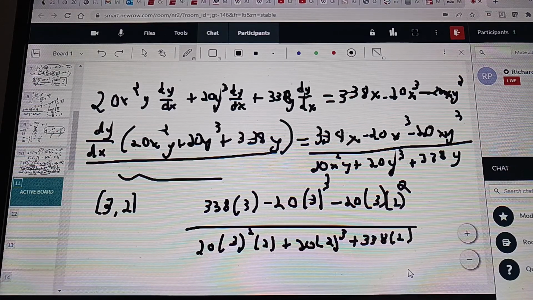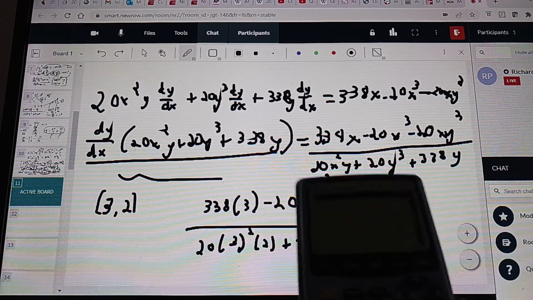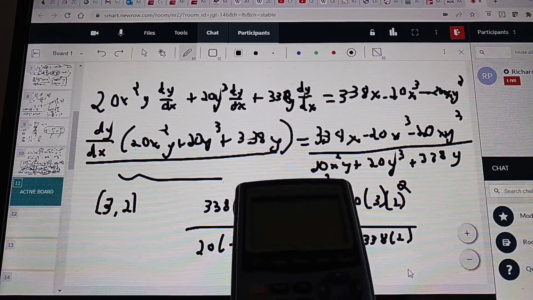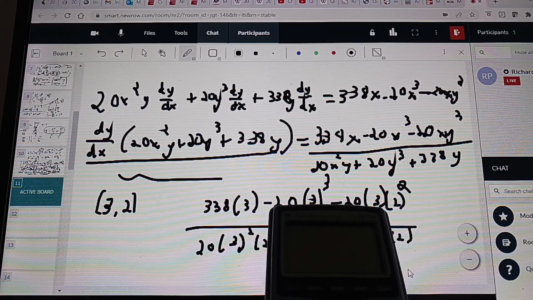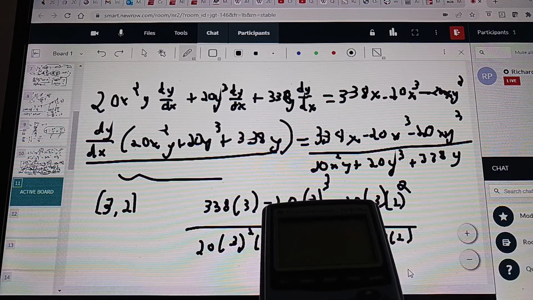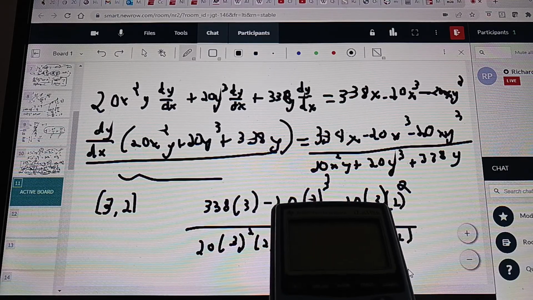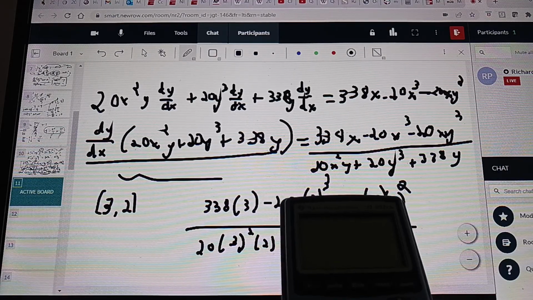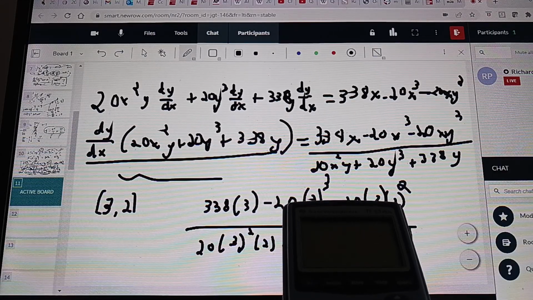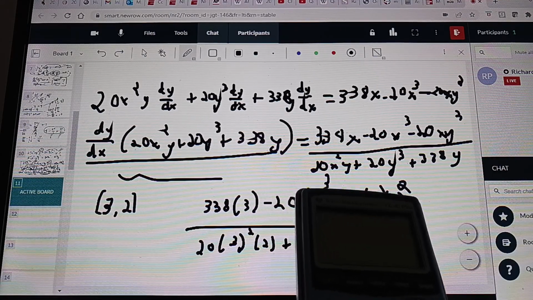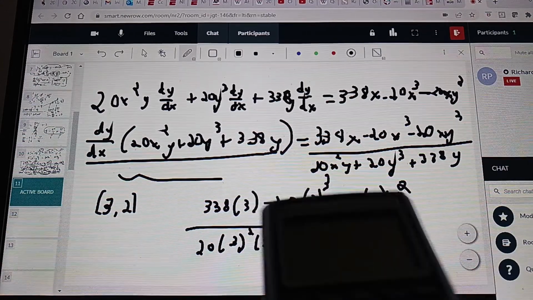Here's definitely a case for the graphing calculator that can do both the top and the bottom all at once. So I can type in the entire numerator, 338 times 3 minus 20 times 3 cubed minus 20 times 3 times 2 squared.